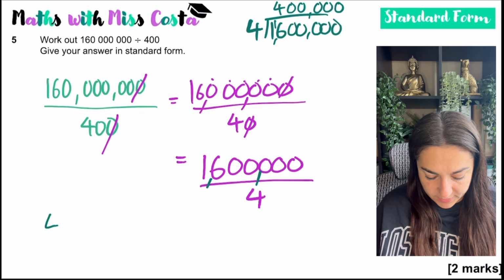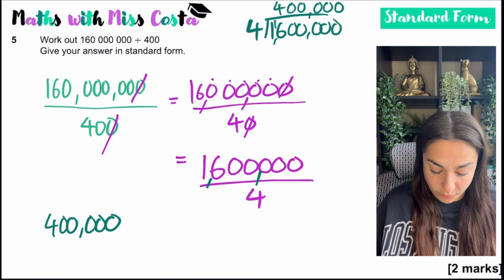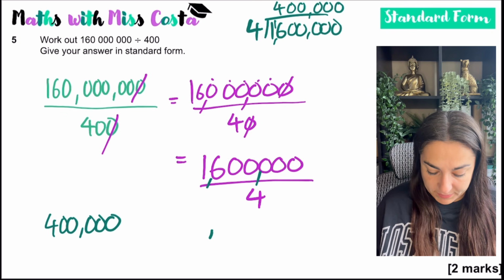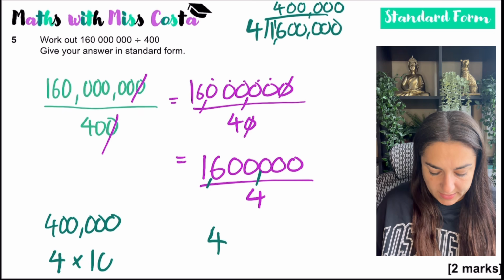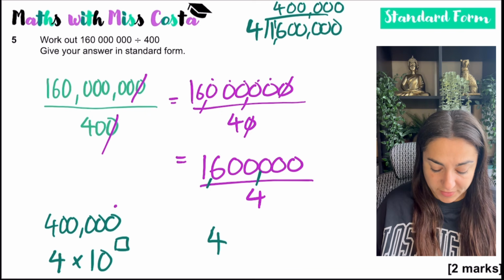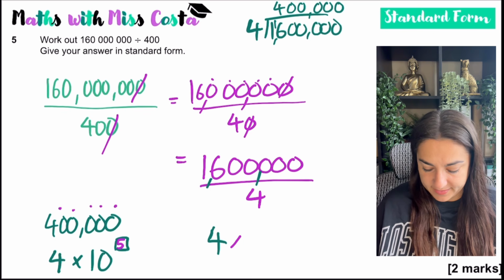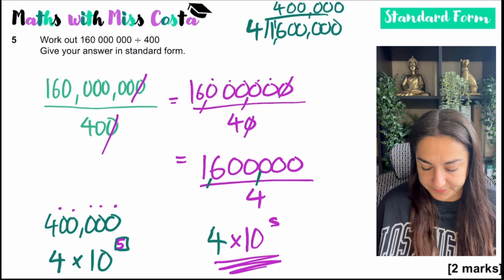So I'm left with 400,000, and I need to write this answer in standard form. So standard form is going to be a single digit whole number, so in this case 4, times 10 to the power of something. And what you do is you just count how many digits after the first number. So you've got 1, 2, 3, 4, 5. So that would be 4 times 10 to the power of 5.